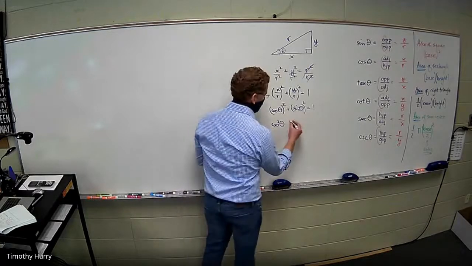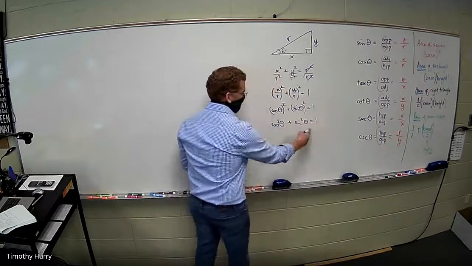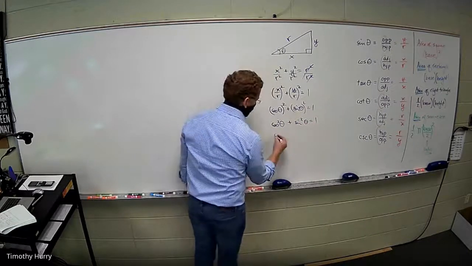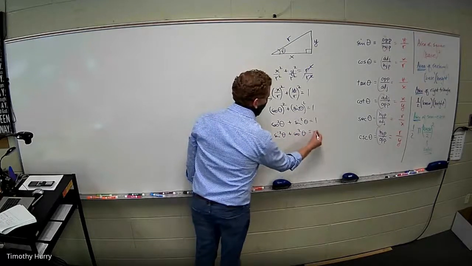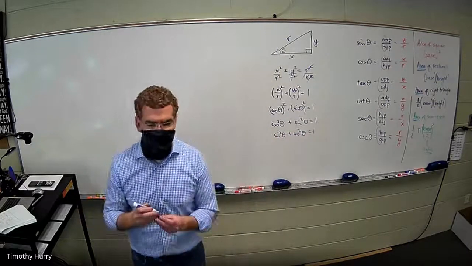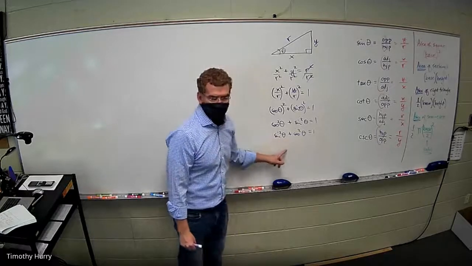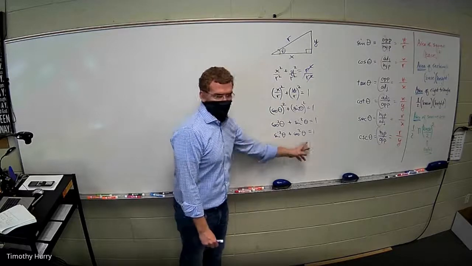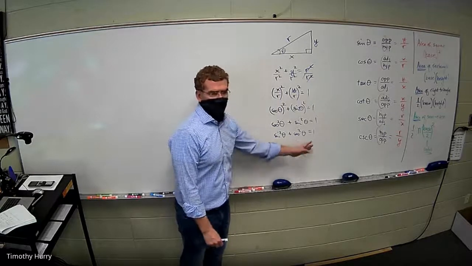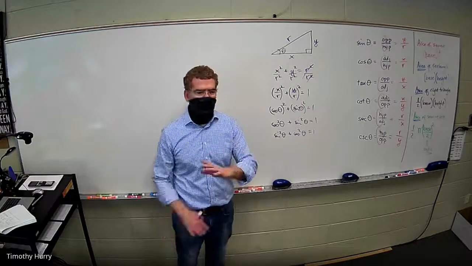So I have cosine squared plus sine squared theta, but most people write it with the sine squared first. Sine squared theta plus cosine squared theta equals 1. Now the implication here is it doesn't matter what the angle is. These thetas are the same angle, right? So whether that's 10 degrees or 20 degrees or 30 degrees or 50 degrees or 90 degrees or whatever degrees, if I have sine squared blah plus cosine squared blah, it's always equal to 1.